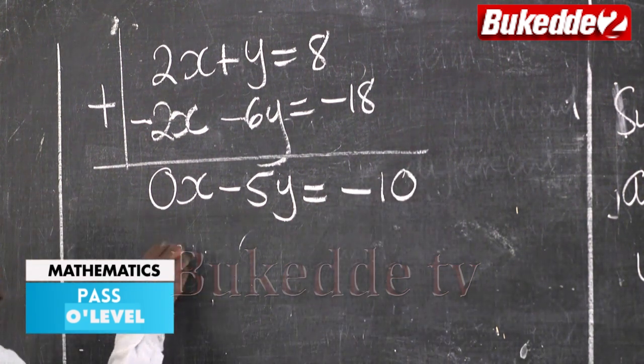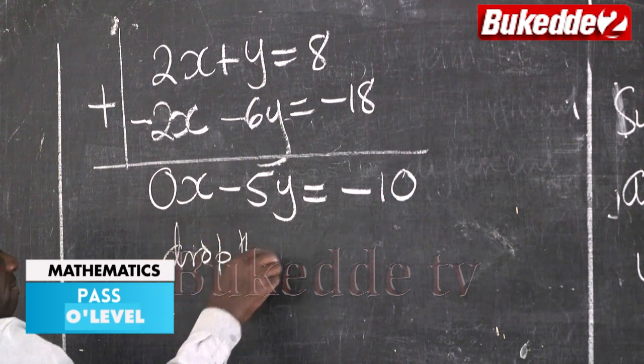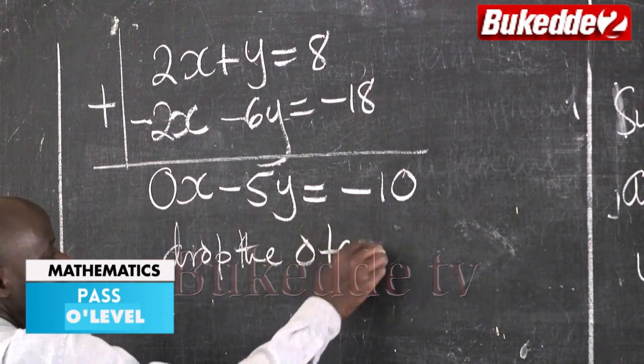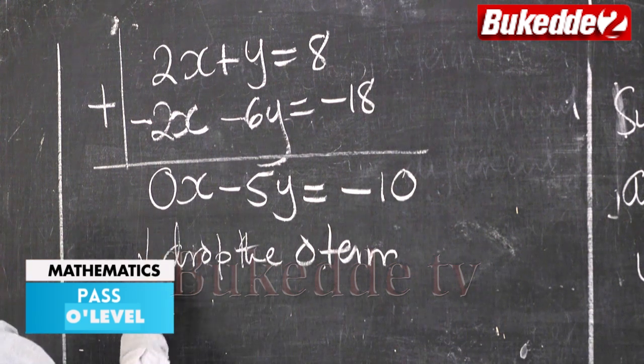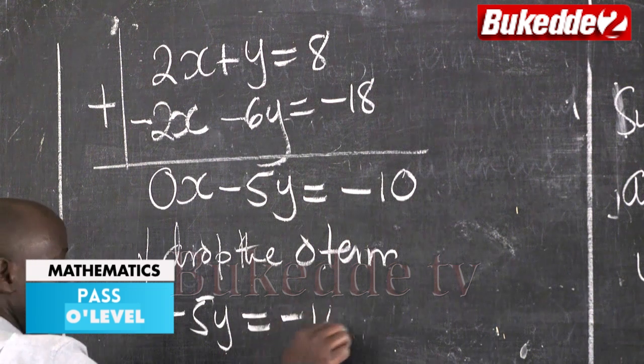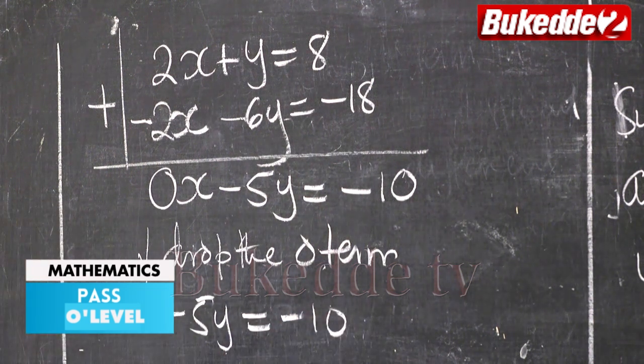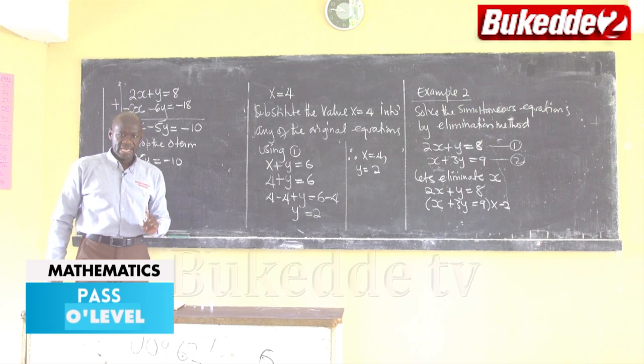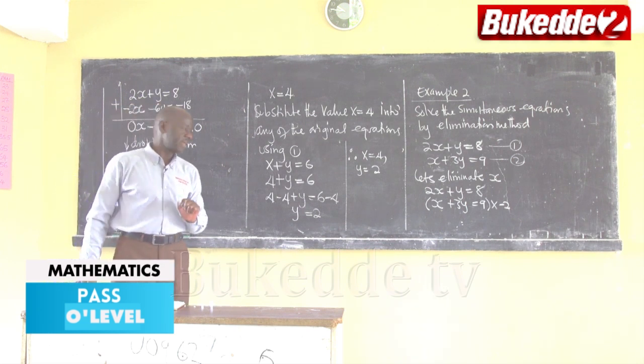So we drop the 0 term. In other words, this yields negative 5y is equal to negative 10. It's an equation which has only one unknown, the unknown being y.